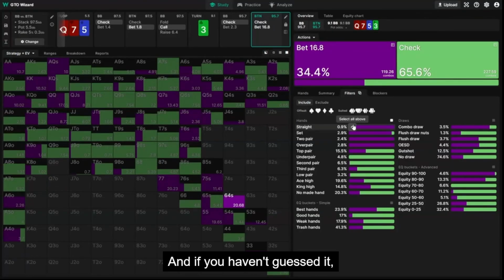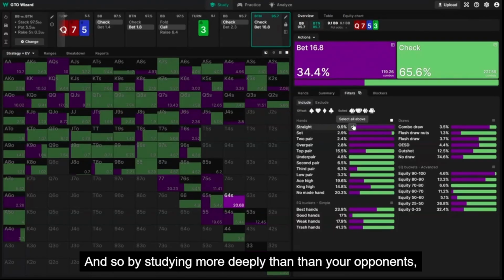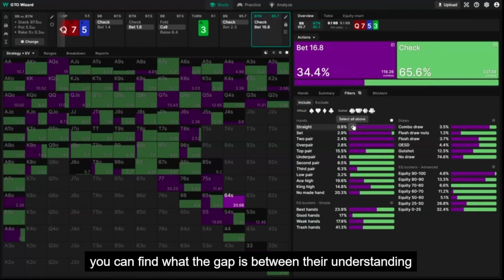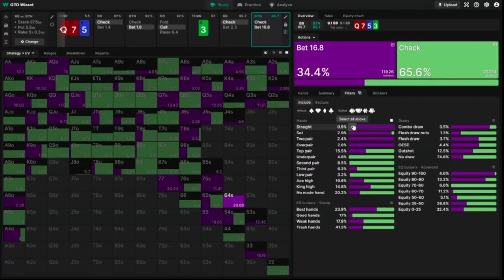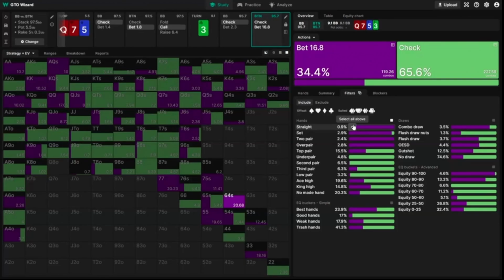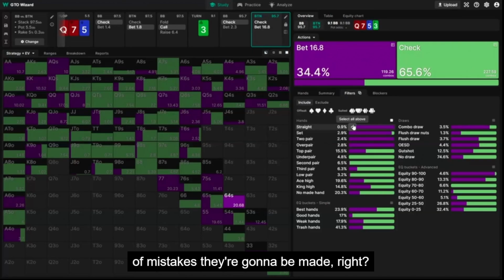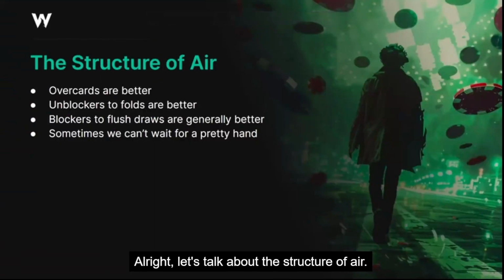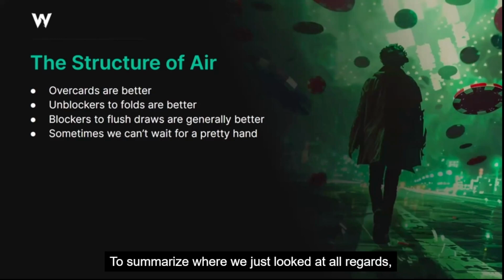And if you haven't guessed it, your opponents probably haven't either. And so by studying more deeply than your opponents, you can find the gap between their understanding and the actual correct strategy. And you can infer not their exact strategy, but probably the sort of mistakes they're going to make, right?